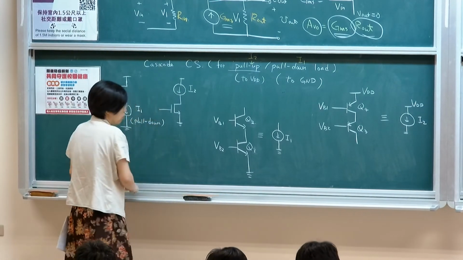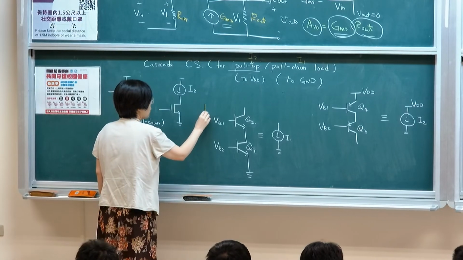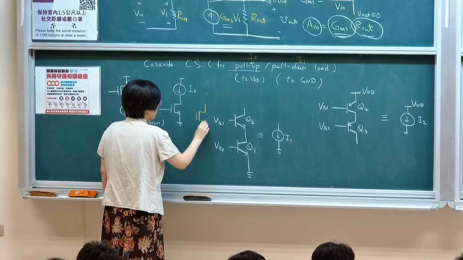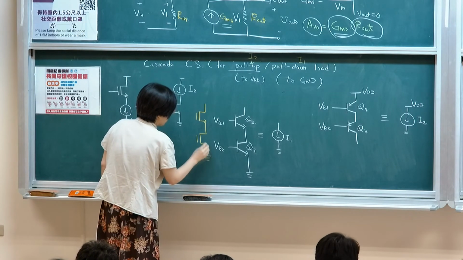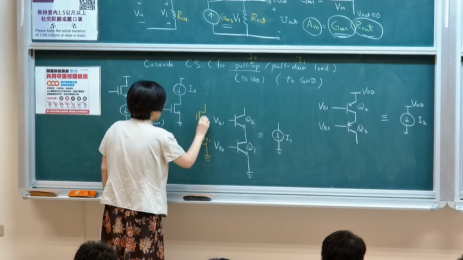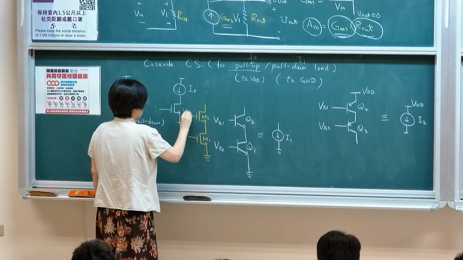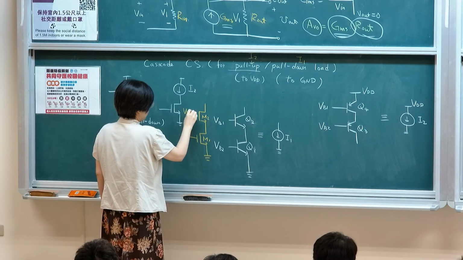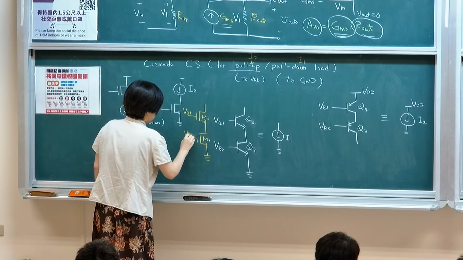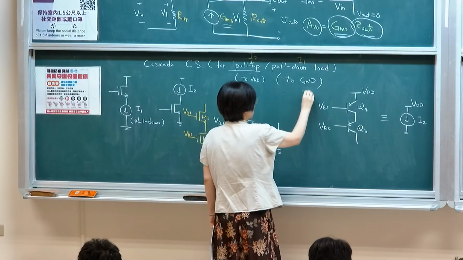We can also draw the MOSFET counterpart. Let me just draw it over here. If you want to do the MOSFET, this will be two N-channel to ground, M1, M2. For PMOS, for pull-up, you use PMOS.